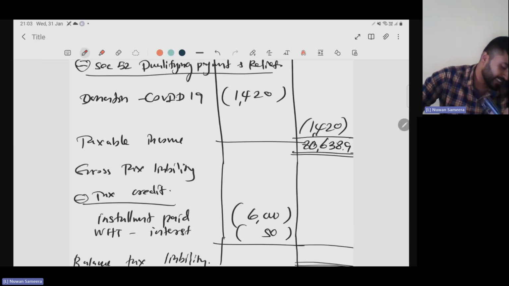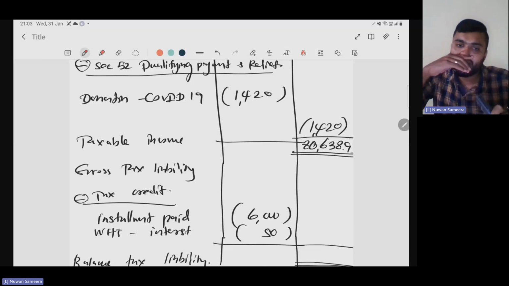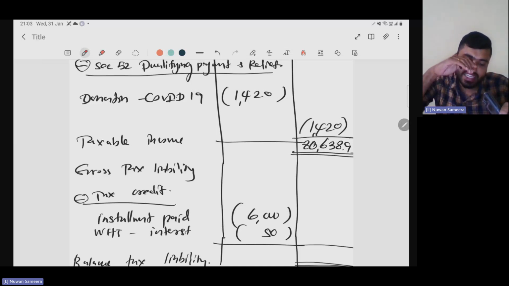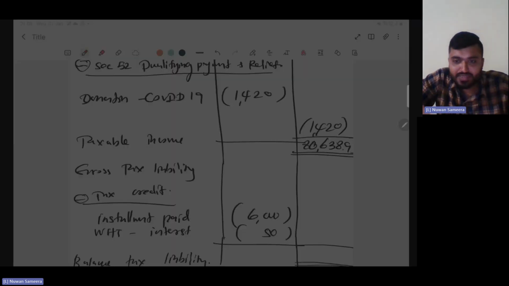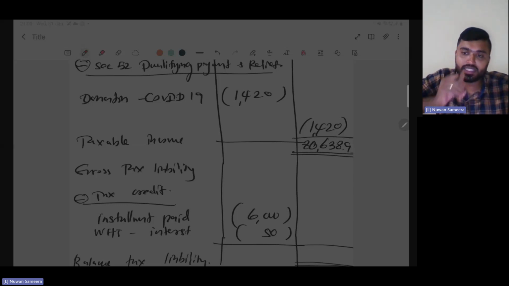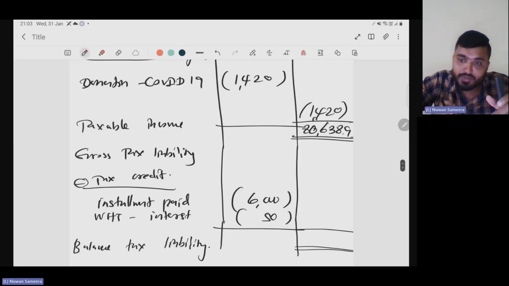However, if there is any gain from liquor, tobacco, betting and gambling in your taxable income, like in this 80,638.9, you have to tax at 40%. If there is any capital gain, from the realization of an investment asset, in this 80,638.9, you have to tax at 30% normally.